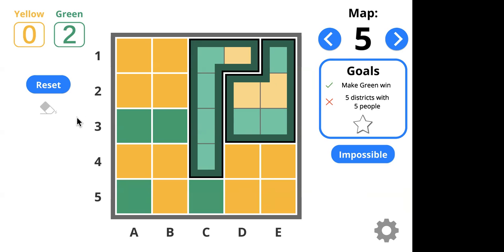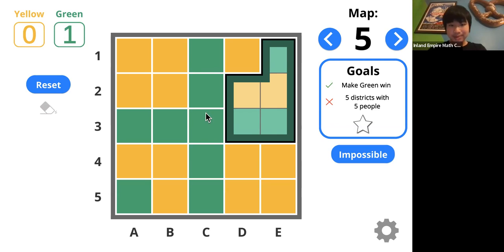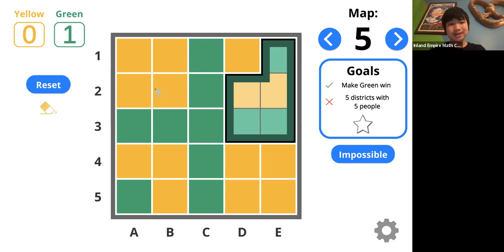Oh wait, no. So we can remember how a vote can also be wasted if it is not required to win the district.